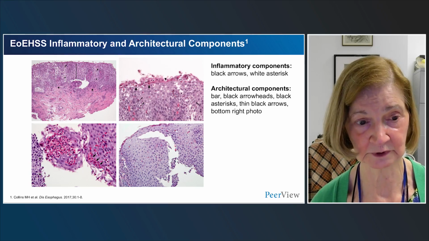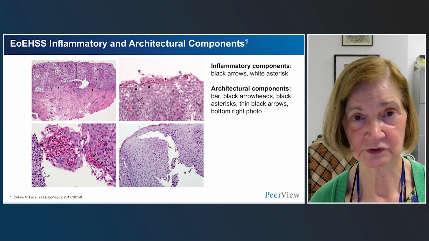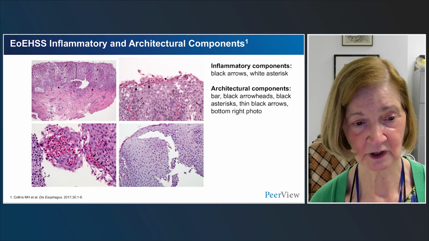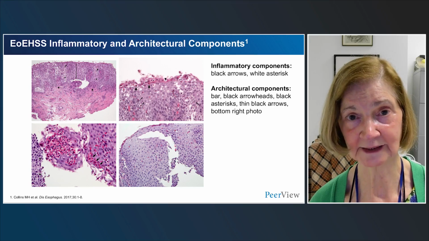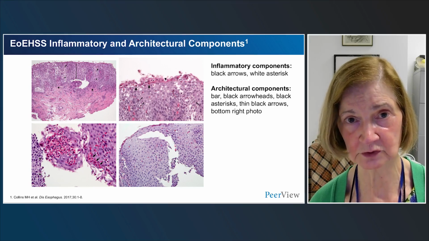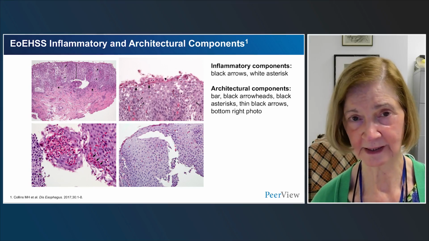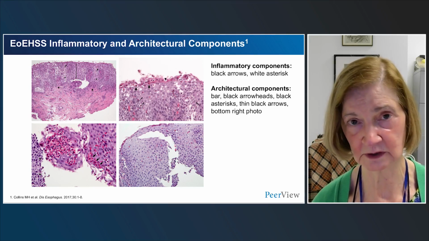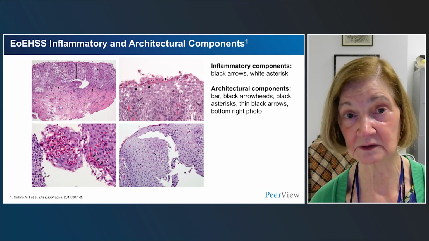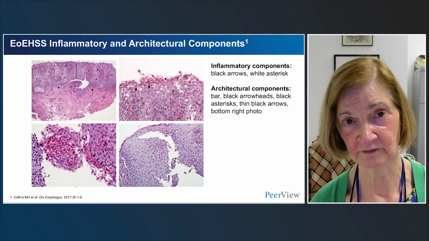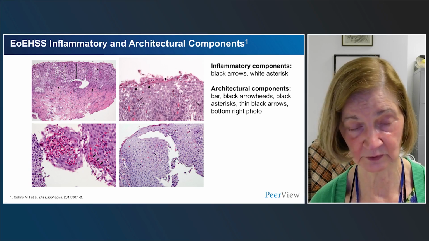It's very abnormal. Arrows are pointing to eosinophils, which we just saw a high power view of. Arrowheads are pointing to dilated intercellular spaces. So there shouldn't be any spaces, any white areas around any of the epithelial cells that are lining the esophagus. And there are a lot in that photograph.